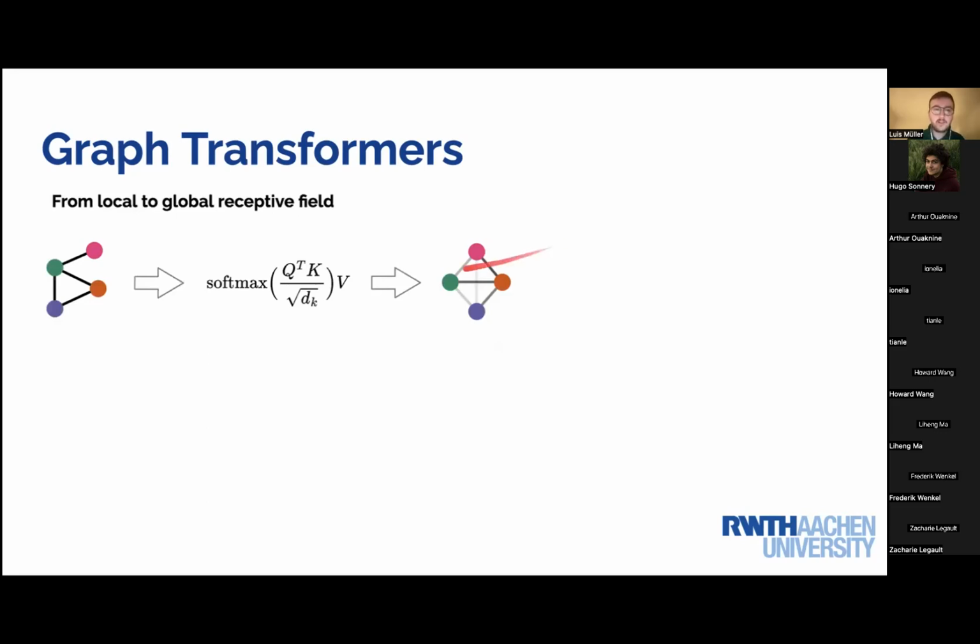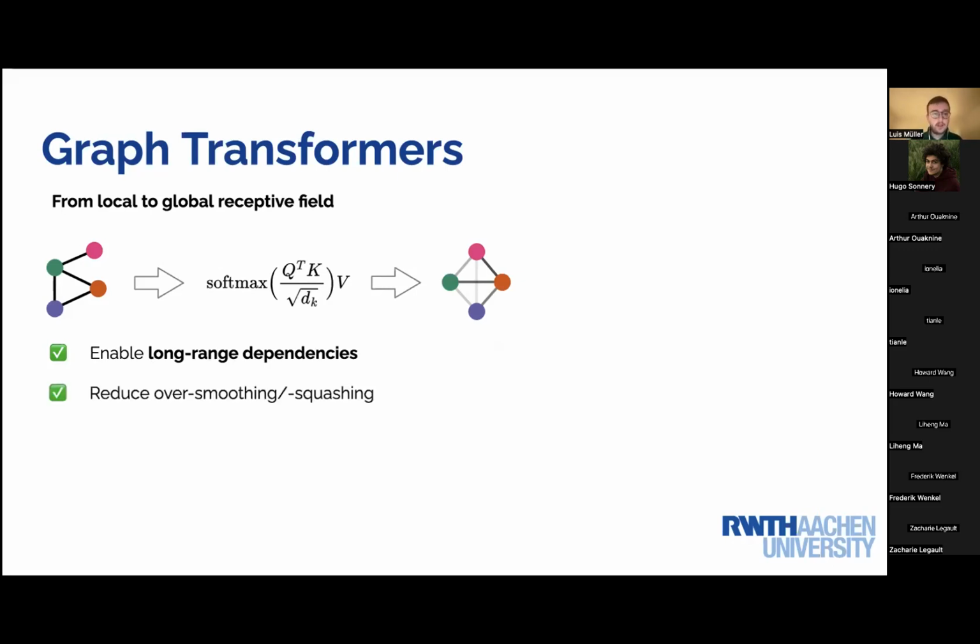The general idea is to use standard dot product attention over node features to go from a local to a global receptive field, which means that instead of aggregating over only your neighbors, you use the attention matrix as soft links between nodes, and have a complete graph that does aggregation based on the strength of the link. And the hope is that this enables long-range dependencies, where your signal can reach far through a graph.